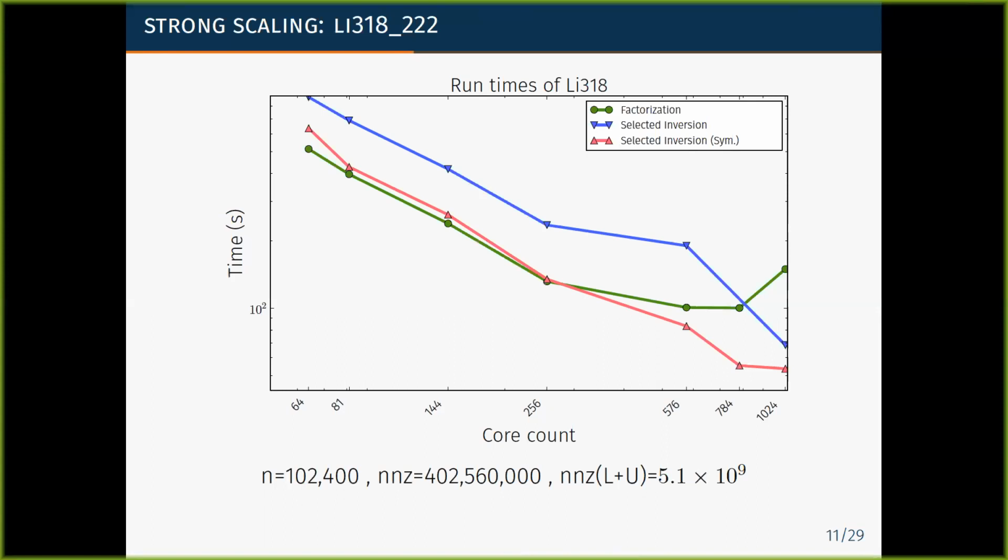Here the factorization time is given as a reference. First of all, for this particular type of matrix, 3D problems, the amount of work per processor is a lot higher than in other types of problems.